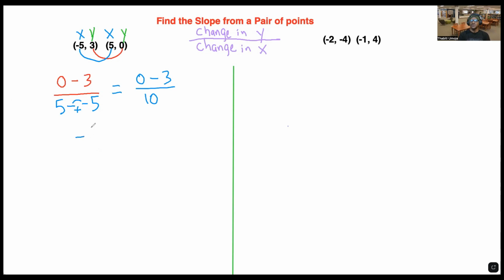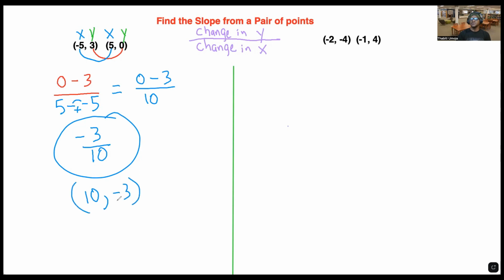This is actually -3 at the top and a 10 at the bottom, and that is pretty much your answer. That's your slope, -3/10. If we were to write this out as a pair of points, it would be 10, and then -3. But this is actually your answer.